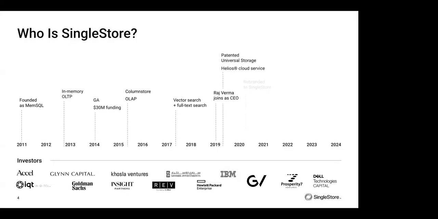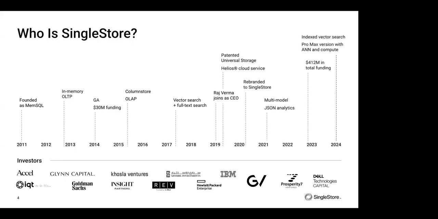So SingleStore has a long history. It has evolved tremendously over the years, and you can see that it has a rich investor base as well. SingleStore started as MemSQL, which initially operated as an in-memory row store, and it has evolved by adding column store capabilities. With this, SingleStore is now able to power not just transactional workloads.